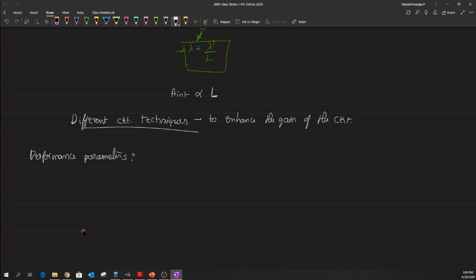Now why are we bothering about these performance parameters, and what are they? I'll try to address each of these questions.